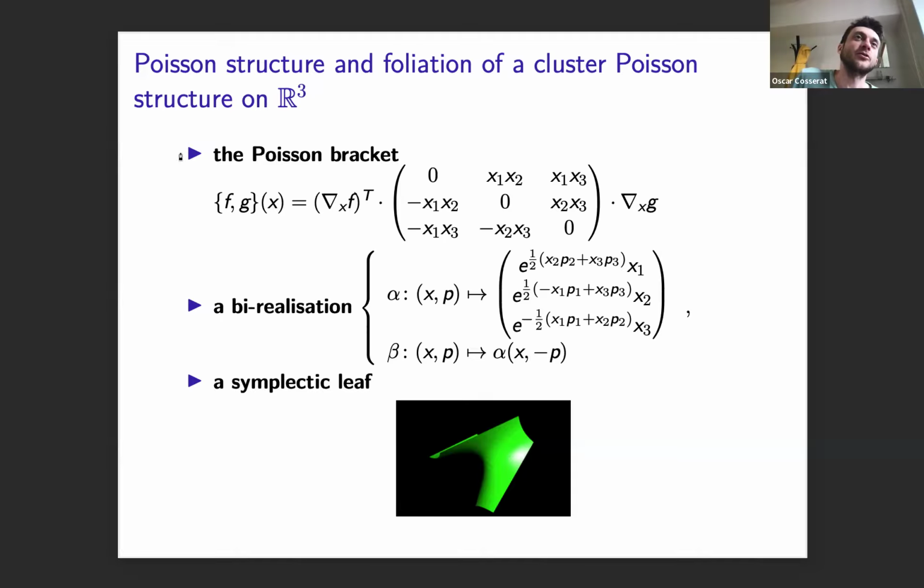So let me start with the third example of the first lecture, the cluster Poisson structure on R3.